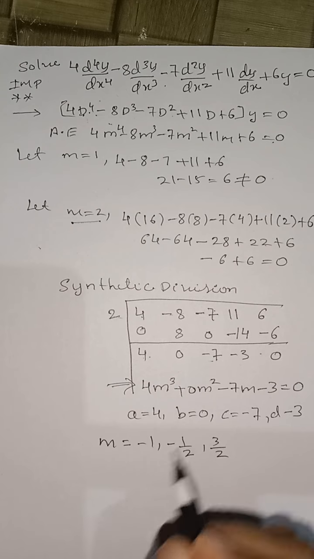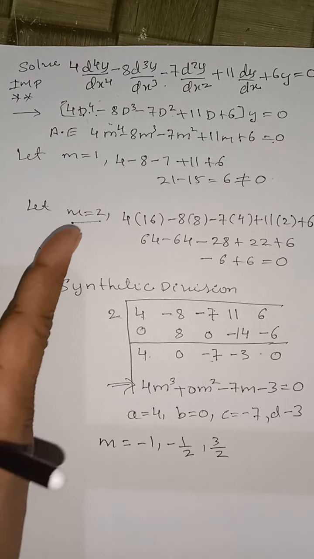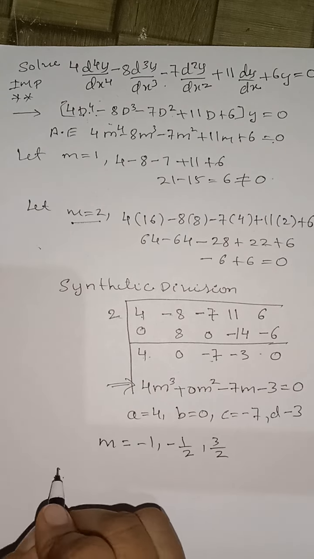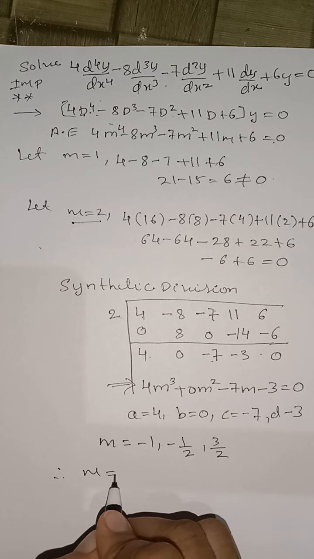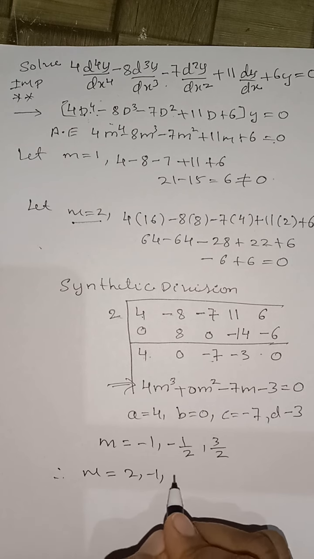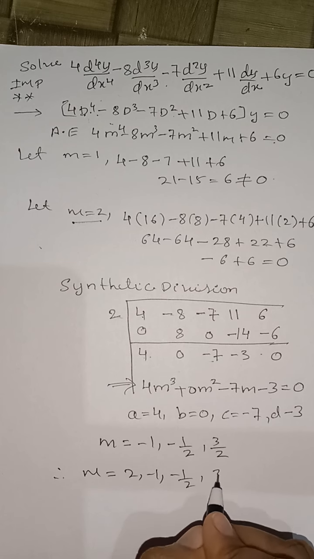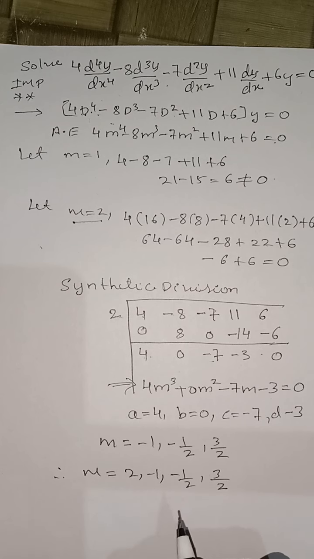So already we have got earlier one of the roots as 2. Therefore, totally there are 4 roots. What are those? 2, minus 1, minus 1 by 2 and 3 by 2. All are real and distinct.